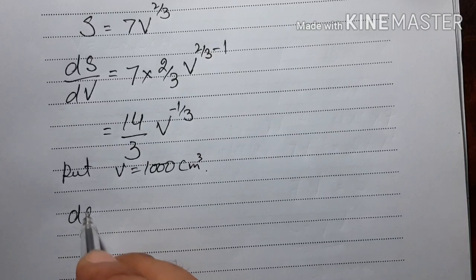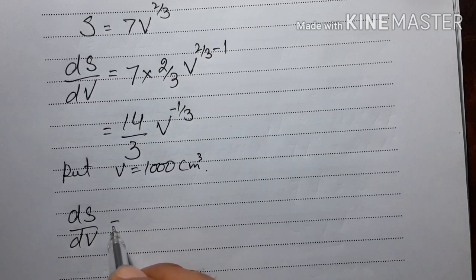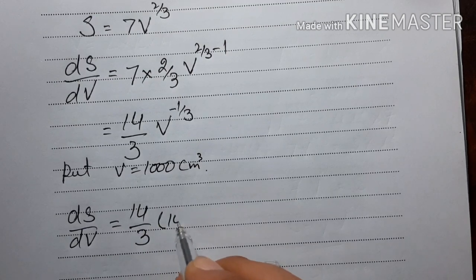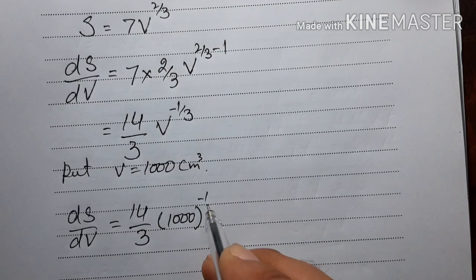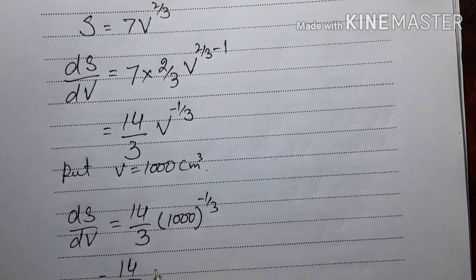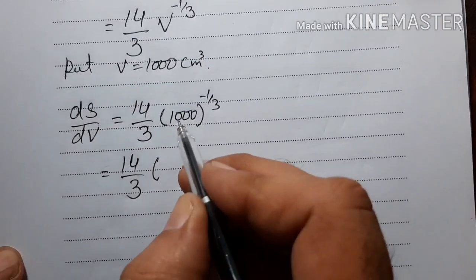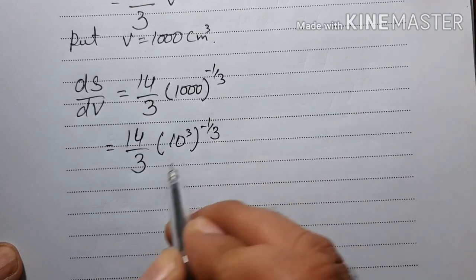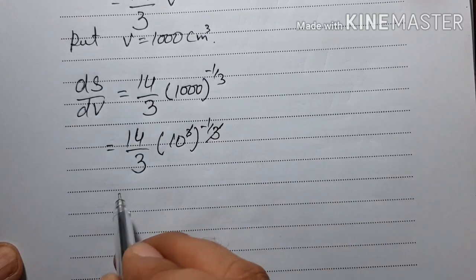So dS by dV will be 14 over 3 into 1000 to the power minus 1 over 3, or 14 over 3, I can write this 1000 as 10 cube into minus 1 over 3. So this 3 will cancel with this.